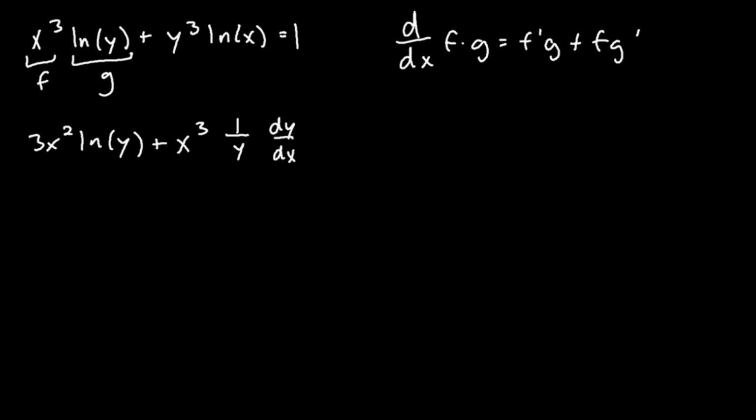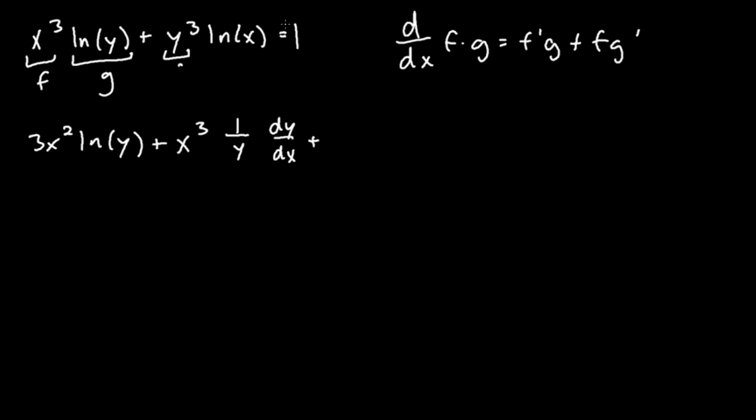The derivative of y is 1 times dy over dx. We put a plus here, since that's the operation in between.